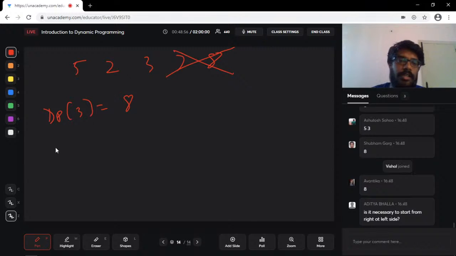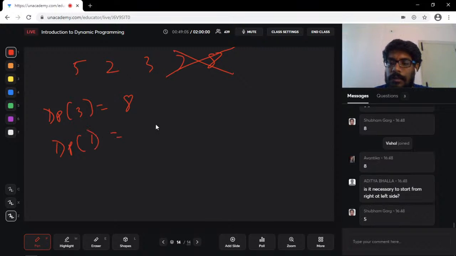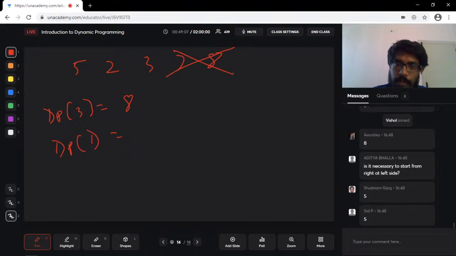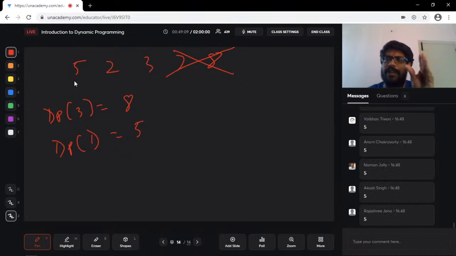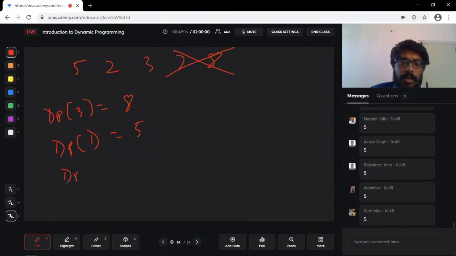Okay. So what is going to be DP of, okay, maybe let's start from first. So now that you understand what DP is, what is DP of 1 in this case? DP of 1 is 5 because I have only 5. I don't have anything else. And I can only pick that, right? So DP of 1 is 5. It's pretty obvious. What is DP of 2?